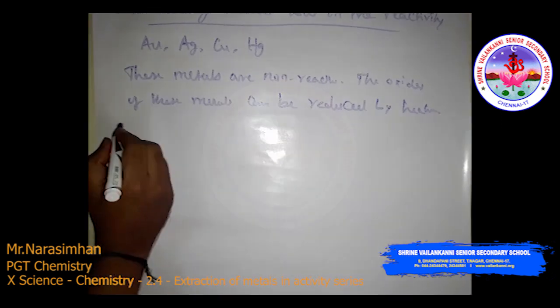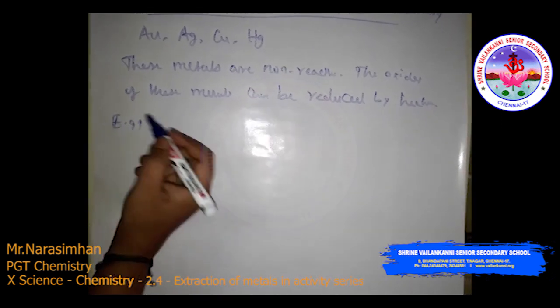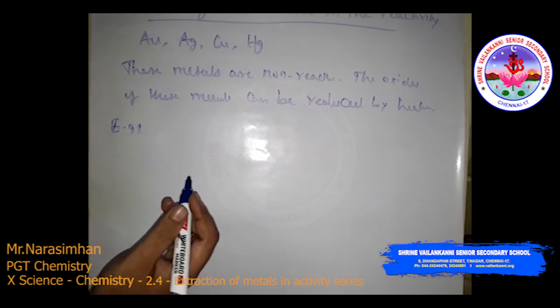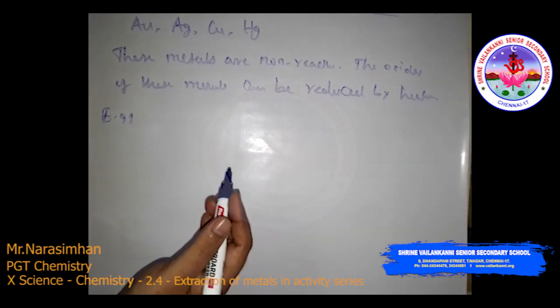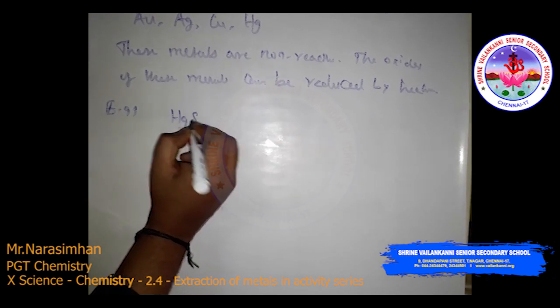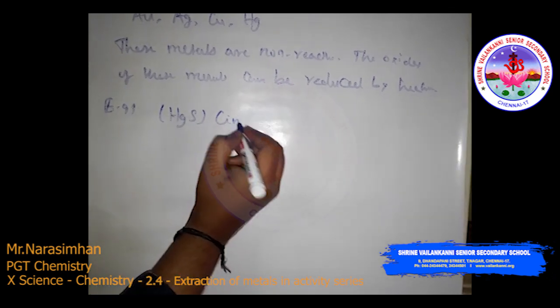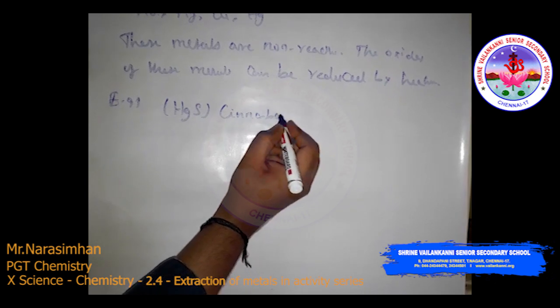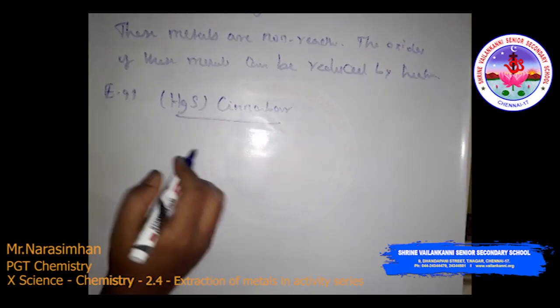For example, mercury extraction from cinnabar. Cinnabar means what? That is HgS. So this is cinnabar, the mercury ore.